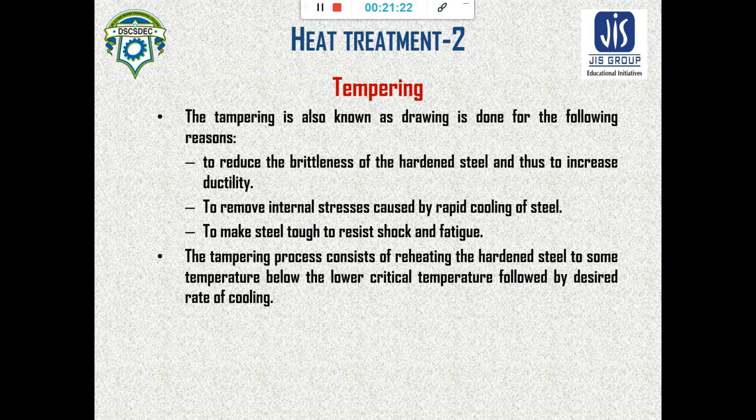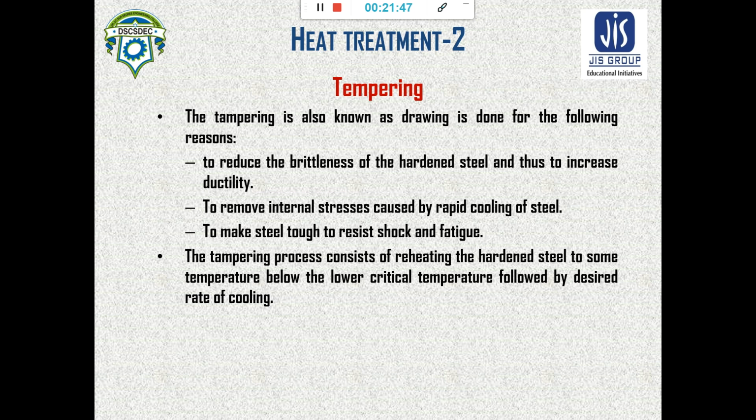This tempering process consists of reheating the hardened steel up to some temperature but below the lower critical temperature, followed by the desired rate of cooling. So when the heat treatment is done below the lower critical temperature of the body, it is called tempering.